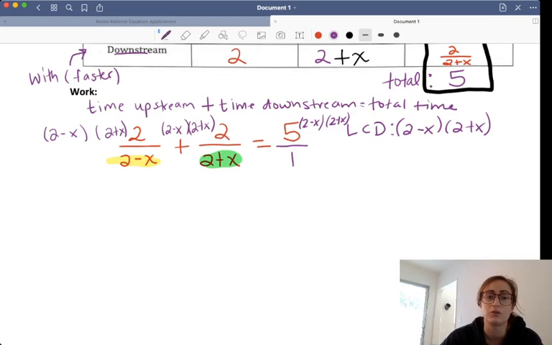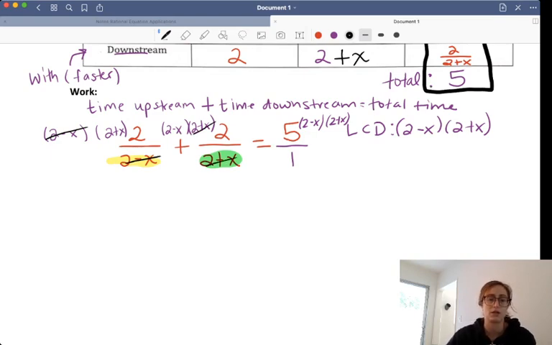Now I'm looking for what I can cancel out. Here I can cancel out 2 plus x and 2 plus x. Here, sorry, that should be 2 minus x and 2 minus x. This is plus, and this one I can't cancel anything out.